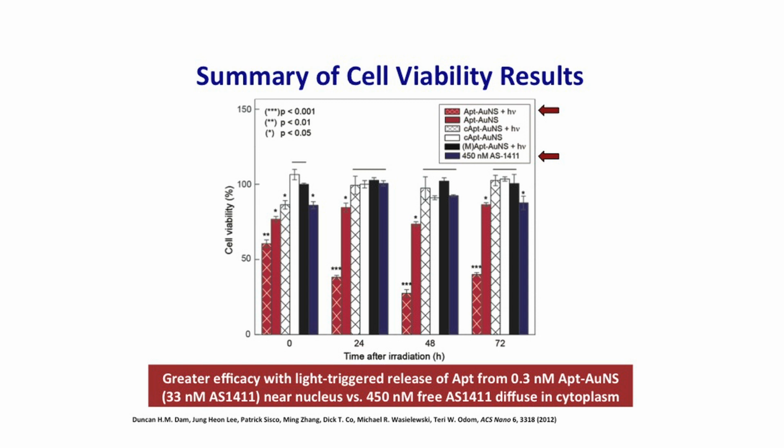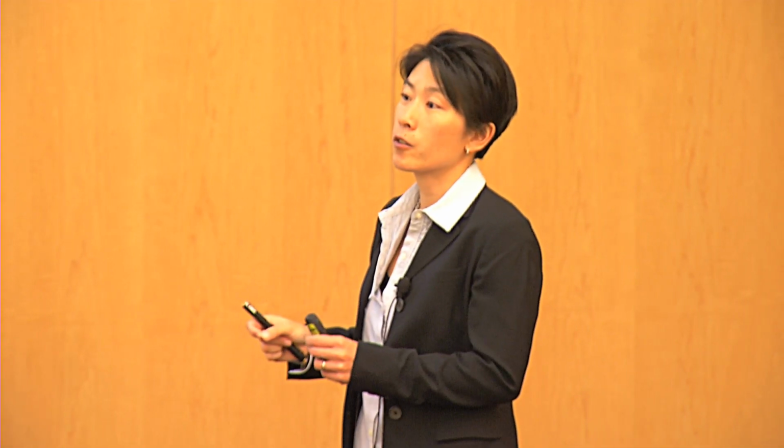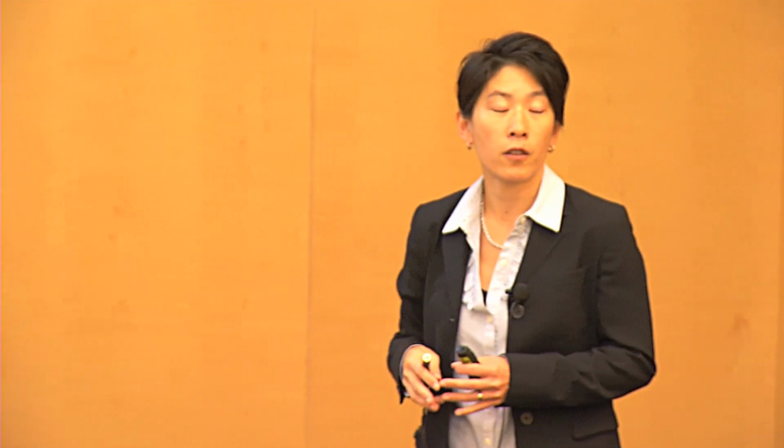And this 33 nanomolar, near the nucleus, gives you far better effects, at least comparing cell viability, than 450 nanomolar of freely diffusing AS1411 in the cytoplasm. So by being able to both target the organelle and release high concentrations at the site of the organelle, the efficacy is vastly improved. I think these are pretty exciting preliminary results.